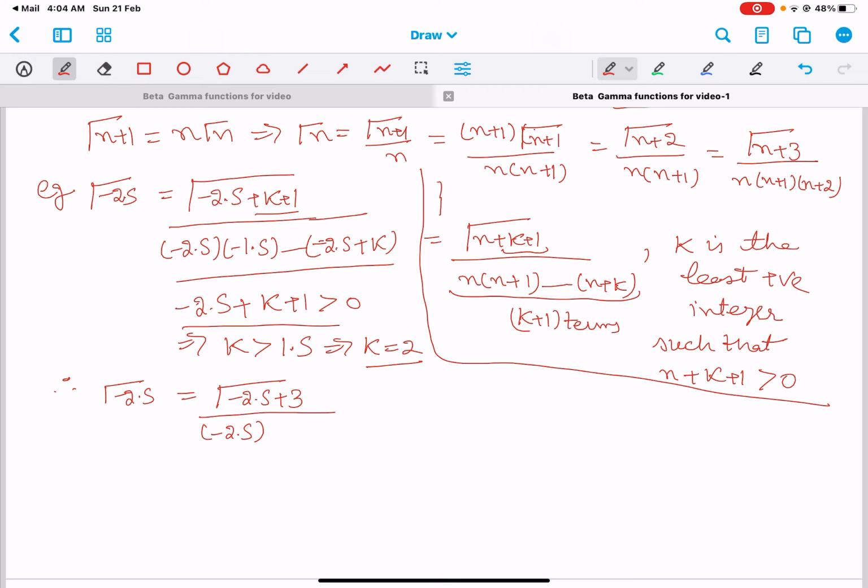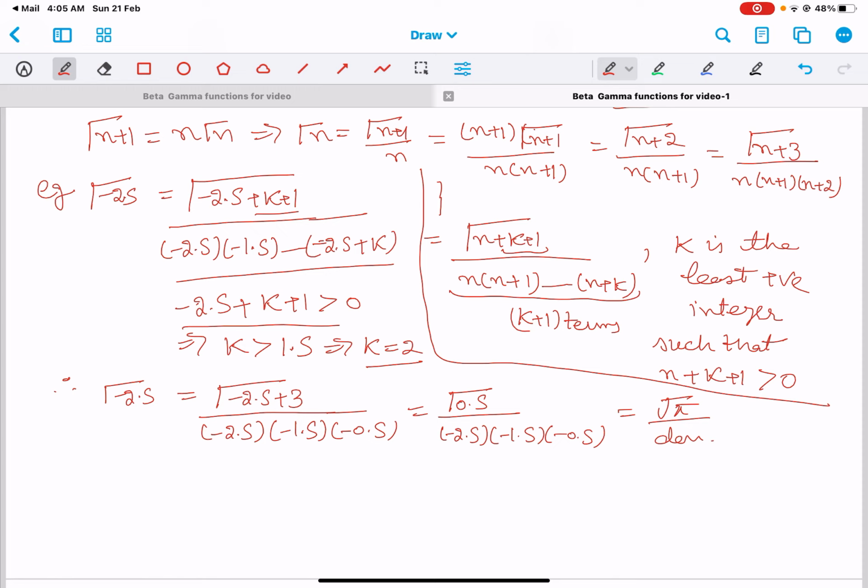Clearly you have 3 terms in the denominator now: minus 2.5, minus 1.5, minus 0.5. Clearly if I add one more term, it will be plus 0.5, and I already told you that you should always have all negative numbers in the denominator. So this is gamma of 0.5 upon minus 2.5 into minus 1.5 into minus 0.5, which is nothing but root pi upon the denominator, whatever it is.